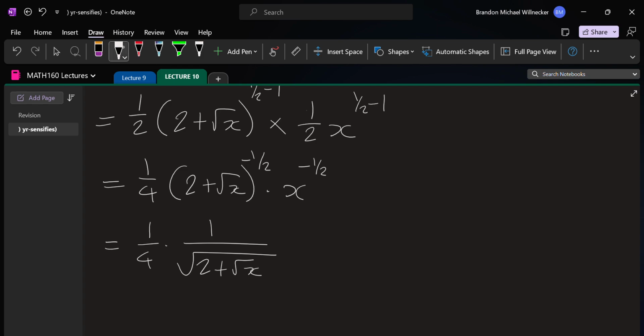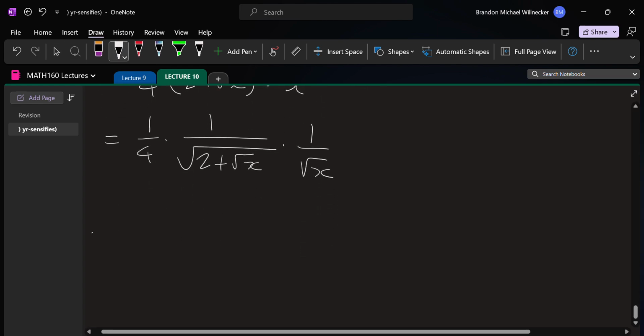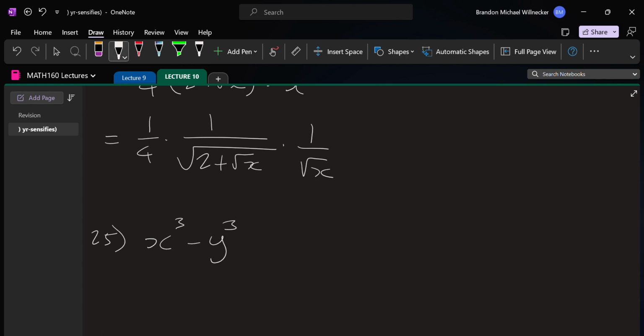And then x, again, a half minus 1, that's minus a half. But if the exponent is negative, we just put it down to the bottom. So that's going to be 1/4, 1 over the root 2 plus root x. And again, the exponent is negative, so we put it down to the bottom. That's 1 over root x. Okay, good.